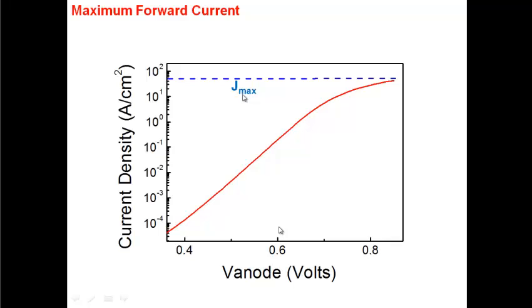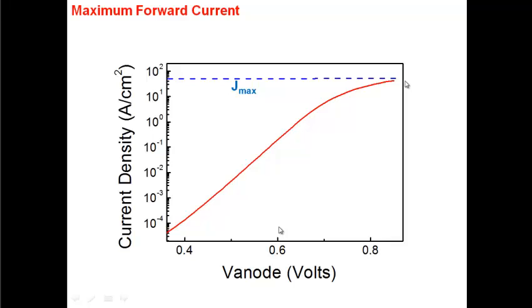For example, I would not like to operate my PN junction here. Why? Because in various applications, a PN junction in forward bias ideally should have a very small drop across it. But here, when you go higher, the drop across the PN junction is becoming larger. In fact, if I go even higher, it may become 1 volt.